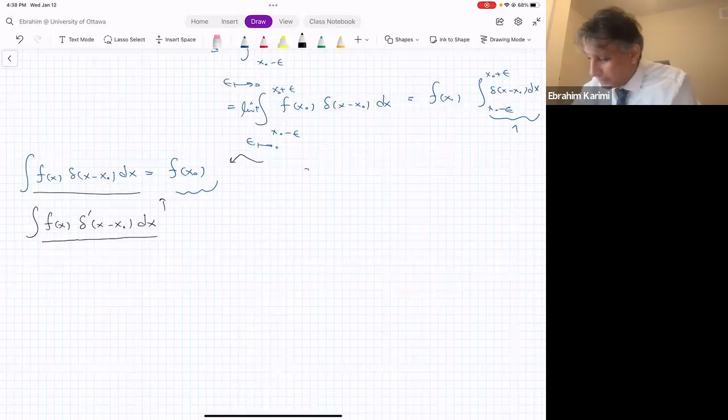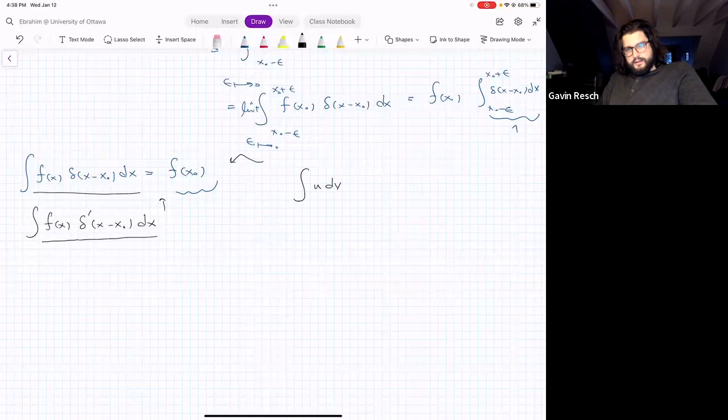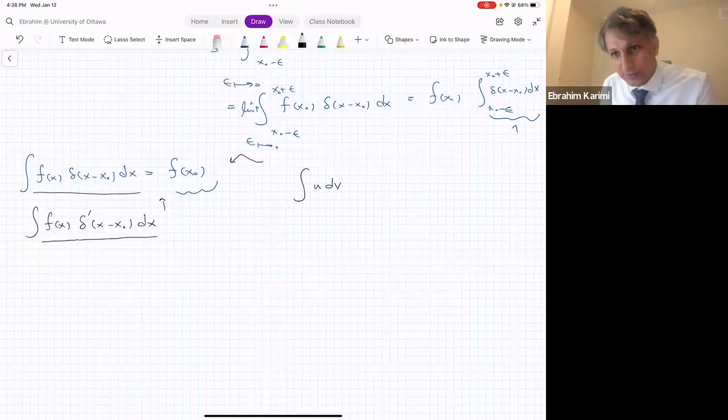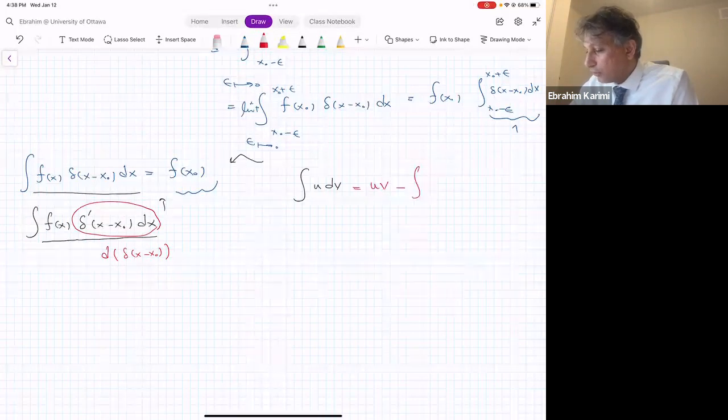When you have the integral of u dv, how do you solve that? By parts, exactly. Here you have to use integration by parts, because this integral looks like the derivative of delta of x minus x0. So it is uv minus the integral of v du. Agreed? Fantastic.